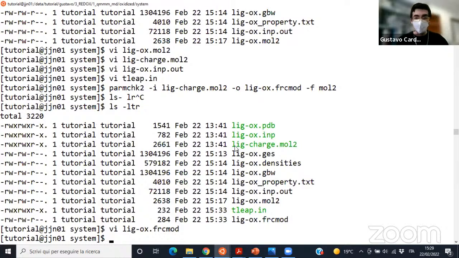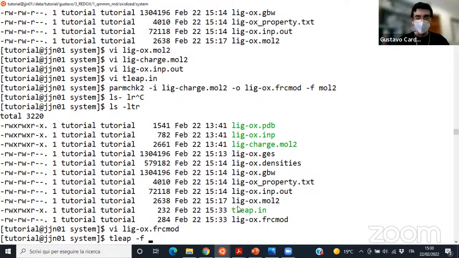At this point, we have all the ingredients again to generate the parameters, the topology file and the coordinate file. I'm sorry if this is a little bit repetitive. I tried to do one extra step here so that things were not exactly the same. Okay, so again, tleap -f, syntax is the same as before.